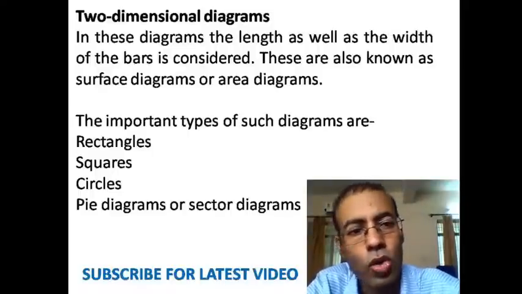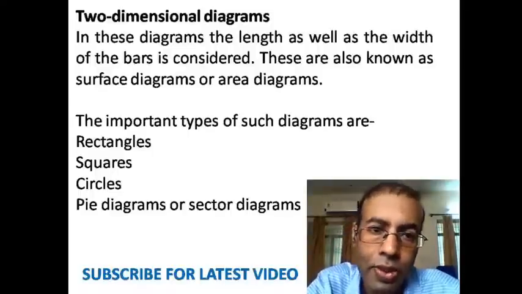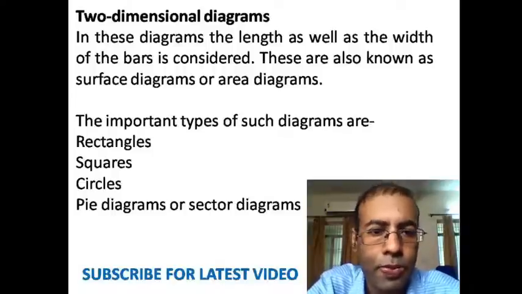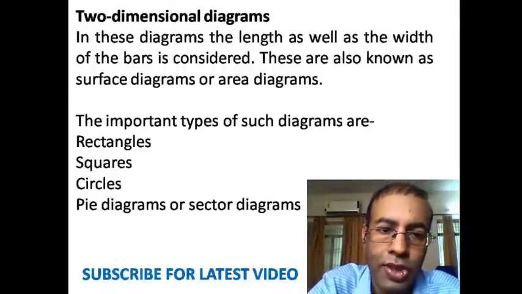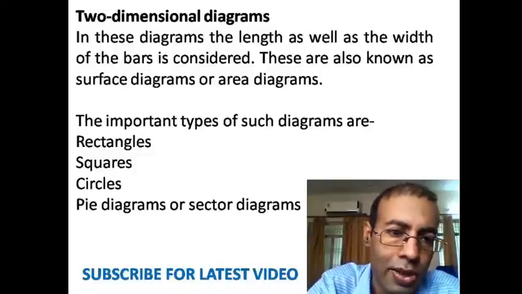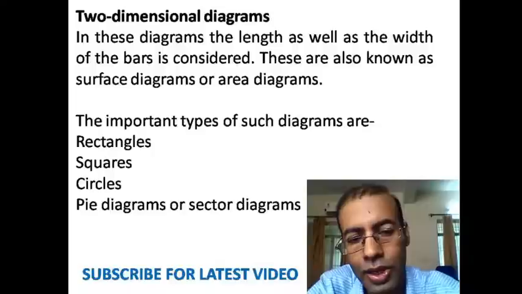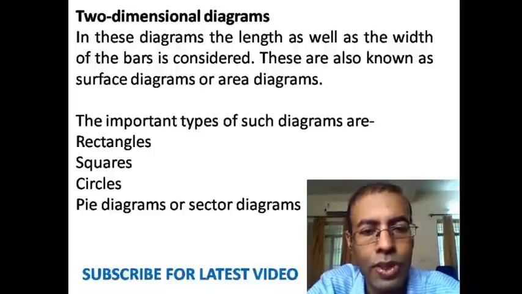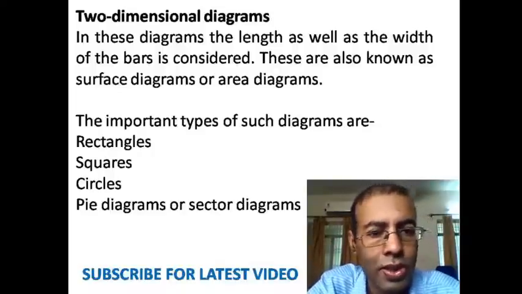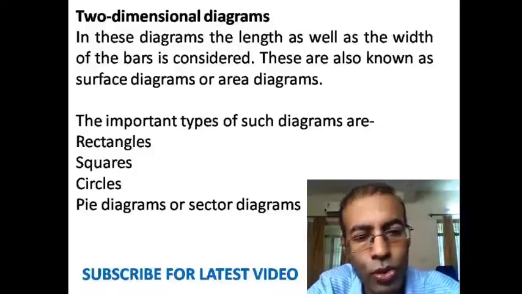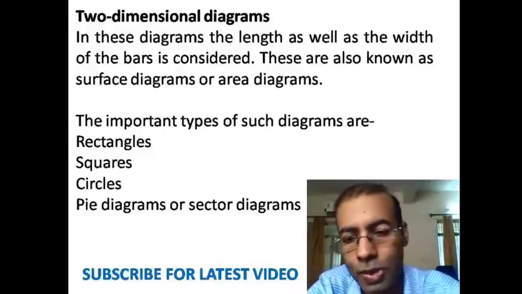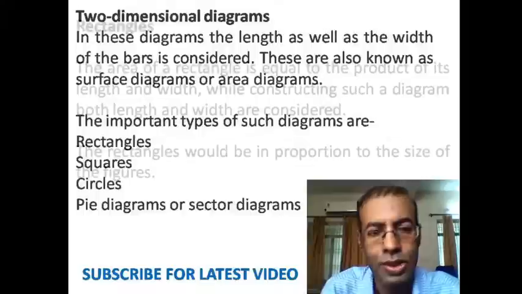These are also known as surface diagrams or area diagrams. The important types of such diagrams are rectangles, squares, circles, pie diagrams, or sector diagrams. One by one we will see what is a rectangle diagram, a square diagram, a circle diagram, and a pie diagram.